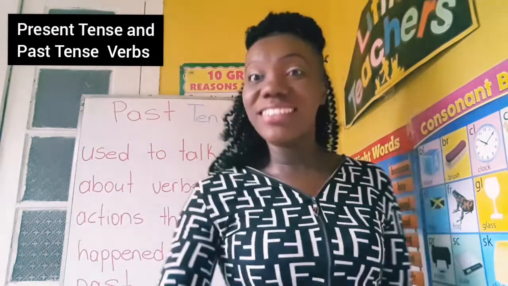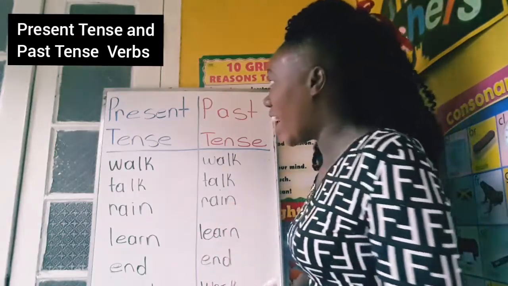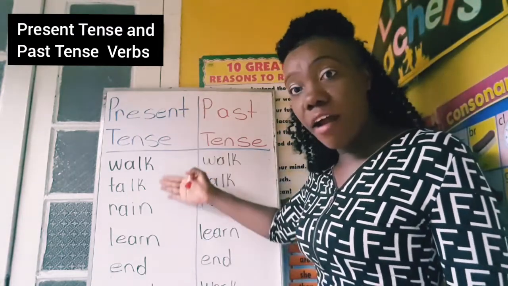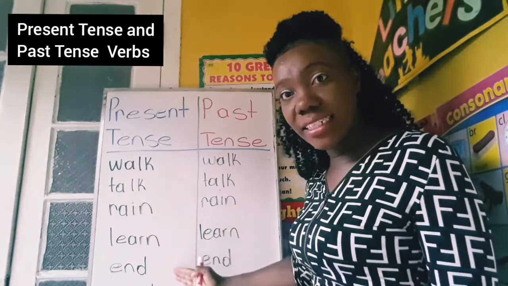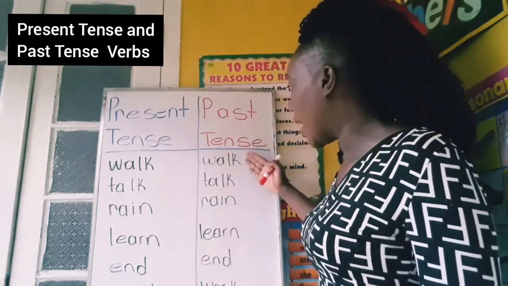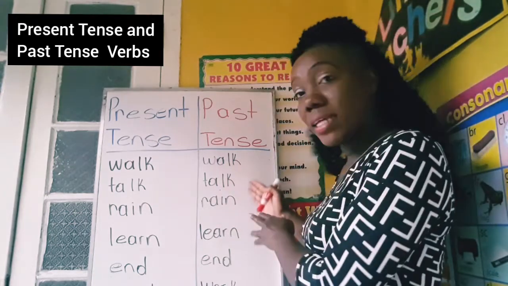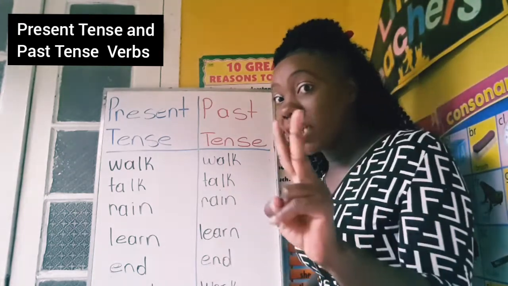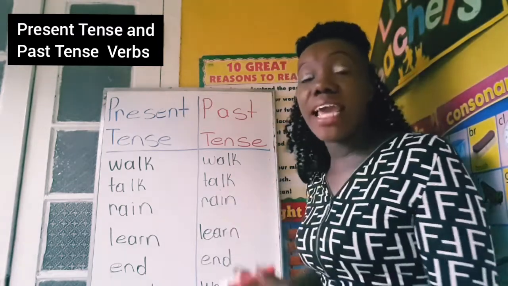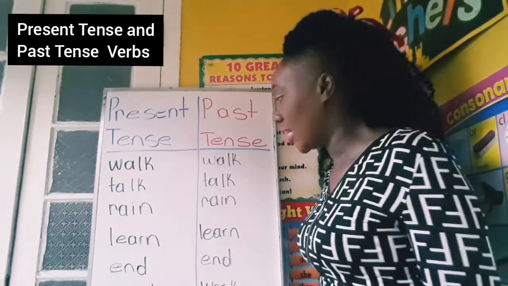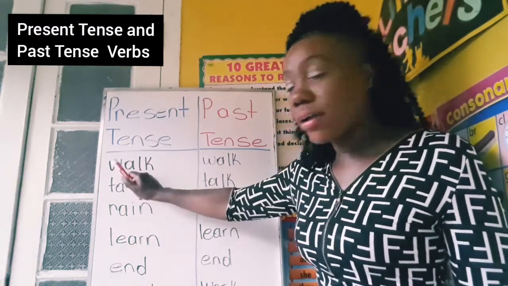Let's go. So boys and girls, here I have some verbs, and over here they're in the present tense, and I wrote them back in past tense, but we're going to be adding two special letters to them in the past so we can make them past tense.